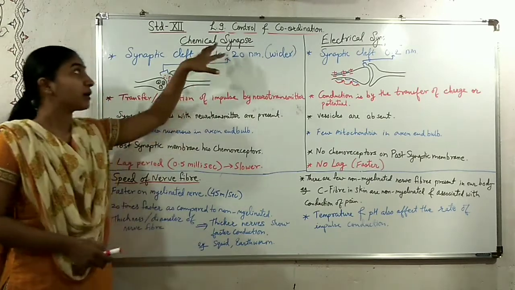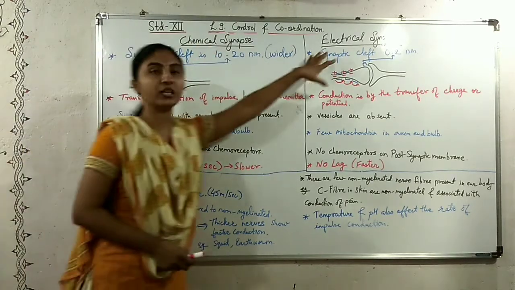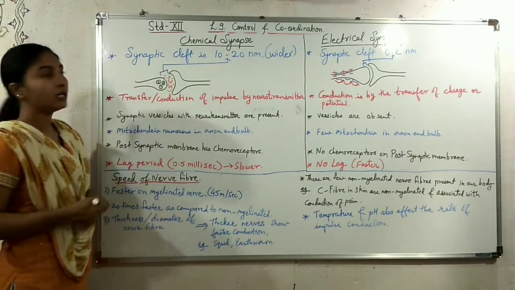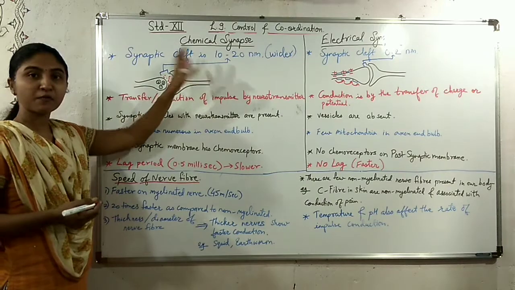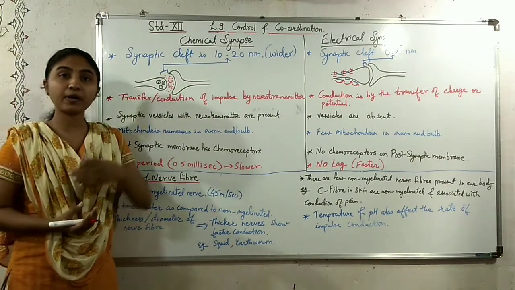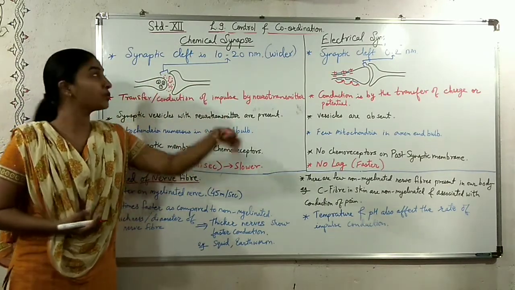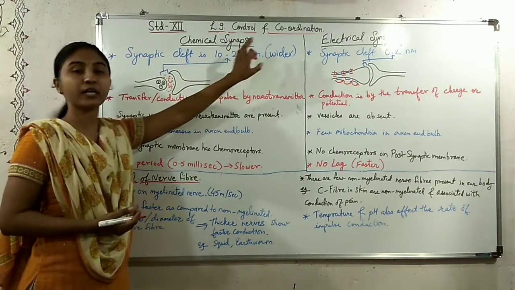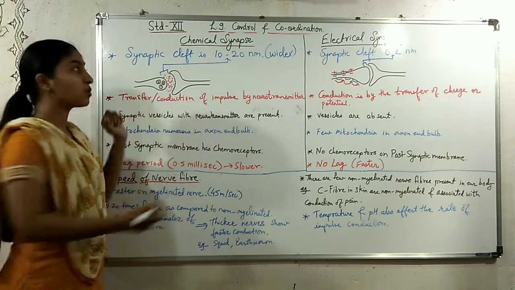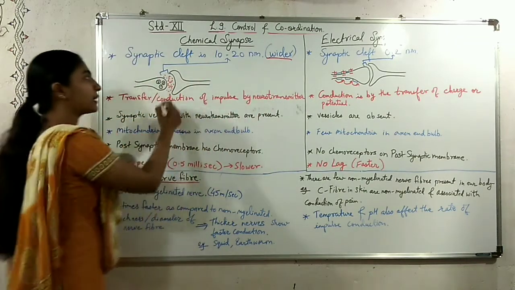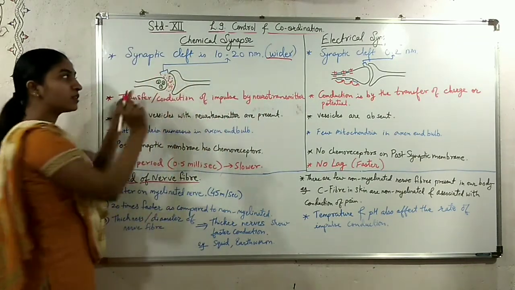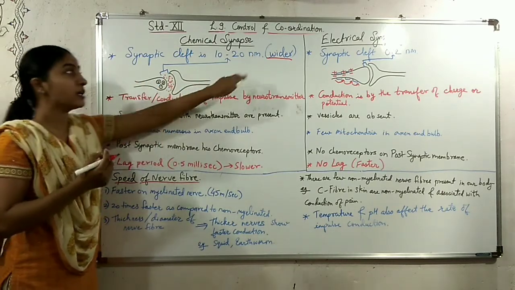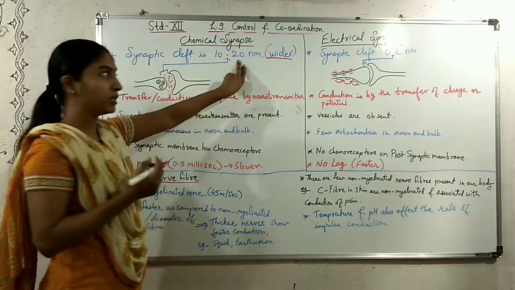And now we will compare the chemical synapse with the electrical synapse. In the chemical synapse that we saw, the synaptic cleft between the axon end bulb of one neuron and the dendrite of another neuron is about 10 to 20 nanometers.